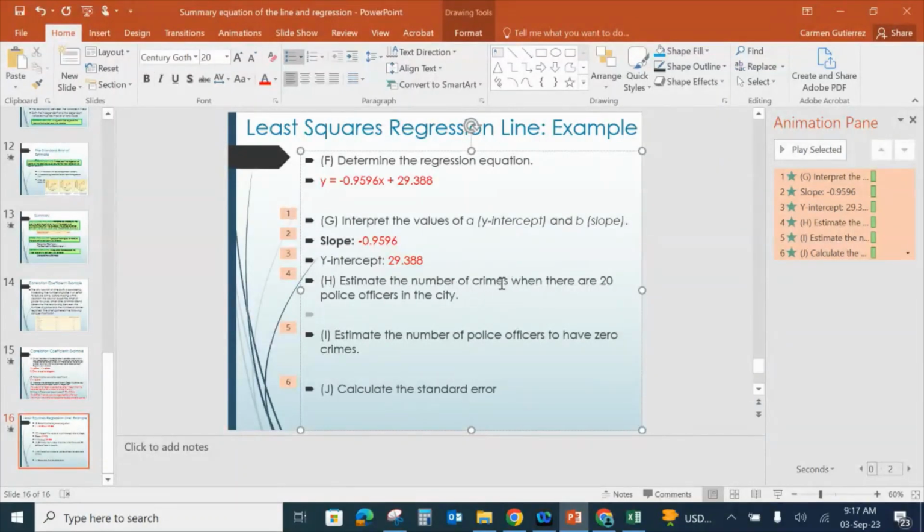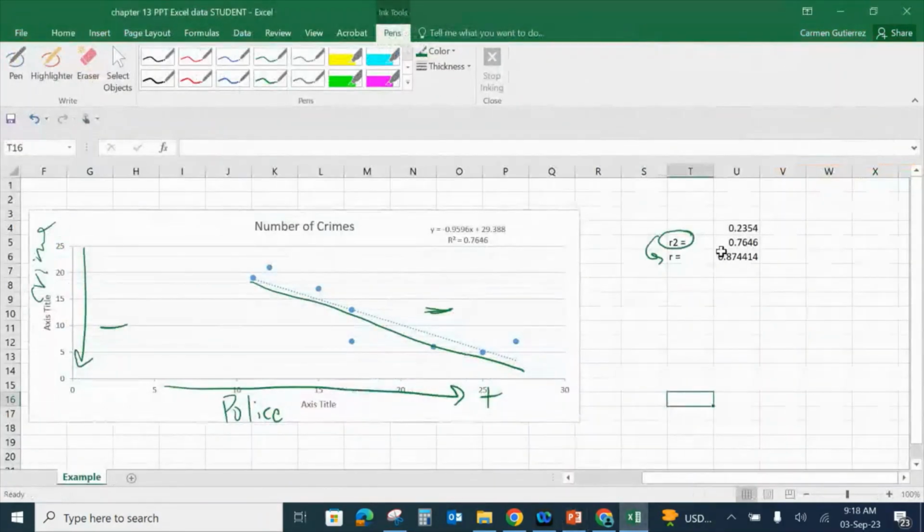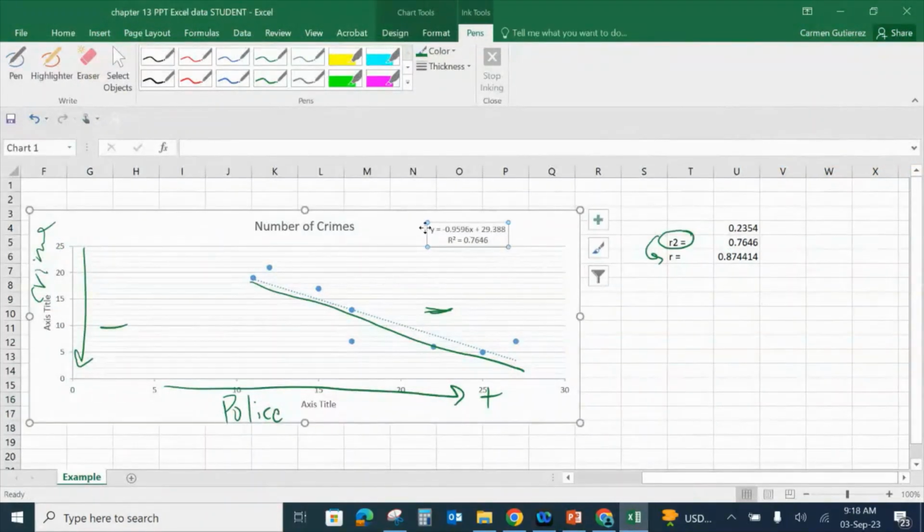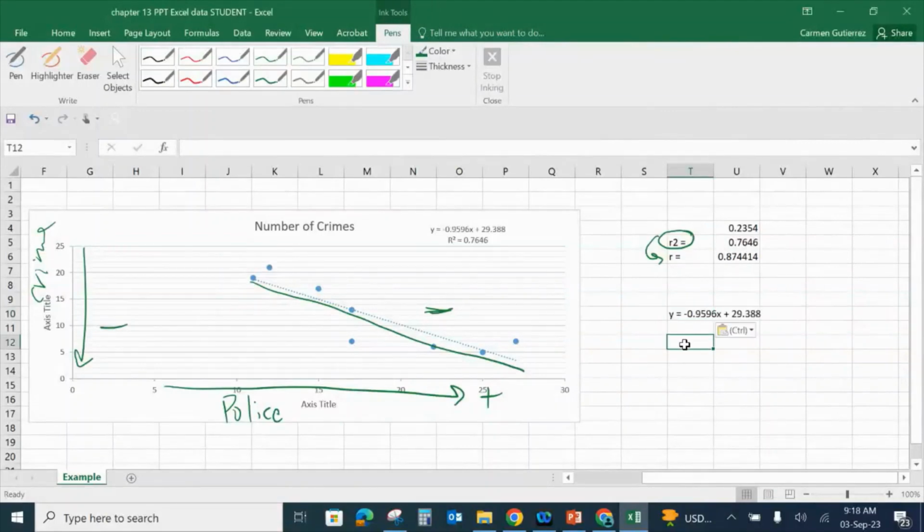Estimate the number of crimes when there are 20 police. Okay, so I have my equation of the line here. Control C. I'm going to just paste it here, my equation of the line, and I'm going to separate the x and the y below. So y and x.